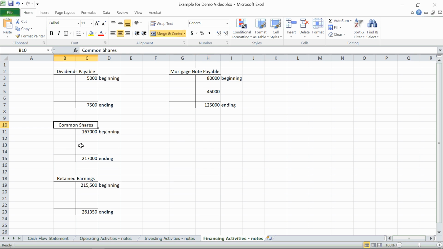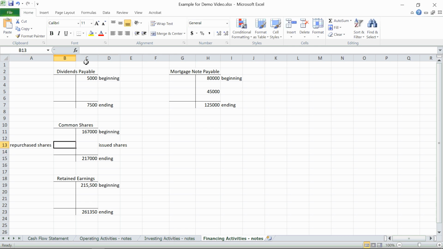We have to think what would happen over the year to common shares to make this account balance go from 167,000 to 217,000. On the right side of this account would be its increase side. That's where we would issue shares. On the left side of this account would be its decrease side.